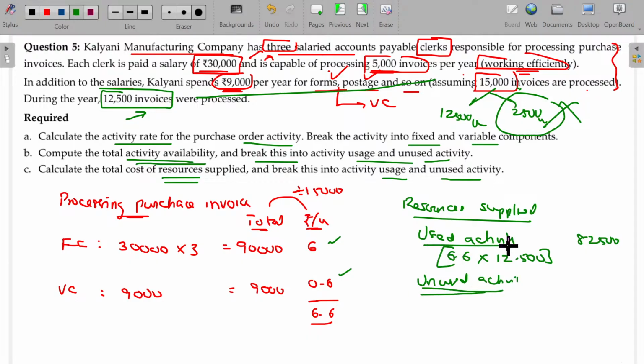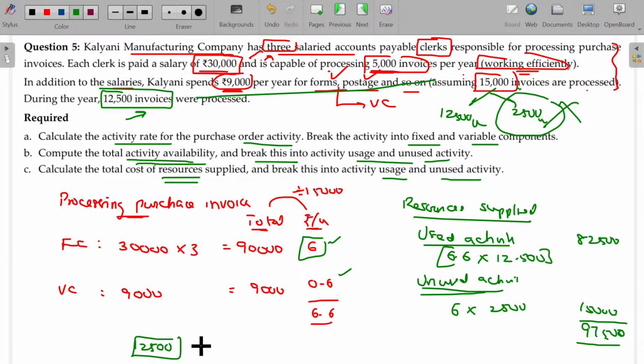What about the unused activity? Even though the capacity remains unused, we have to spend at least the fixed cost. 6 into 2,500. What is that value? 15,000. Our total cost for the period is 97,500. See, for 12,500 invoices processed, your total cost is equal to fixed cost plus variable cost per unit into number of units.